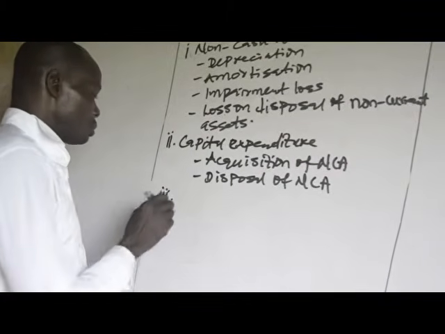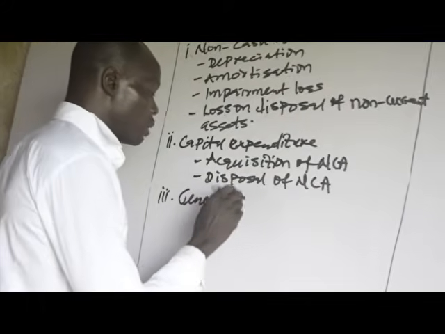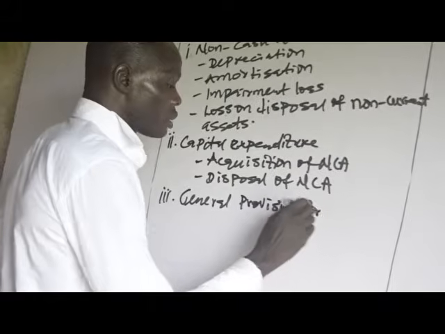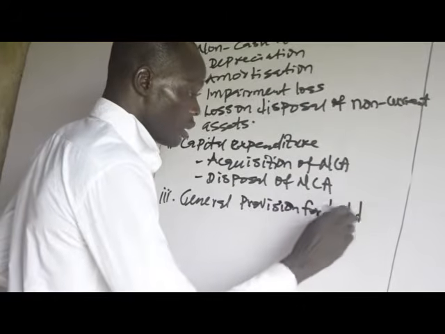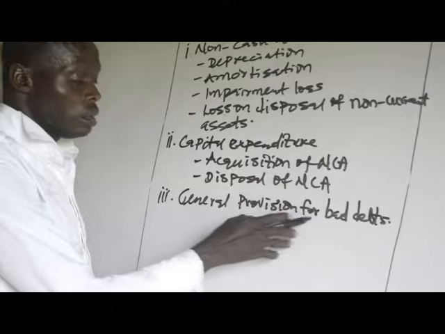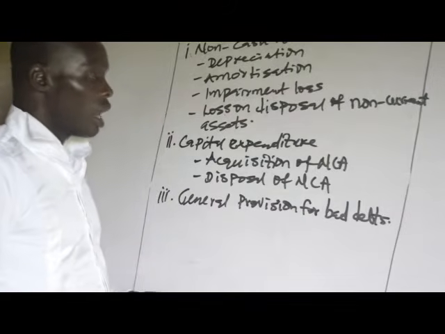Number 3, general provision for bad debts. General provision for bad debts is not allowable, but specific provision is allowable.